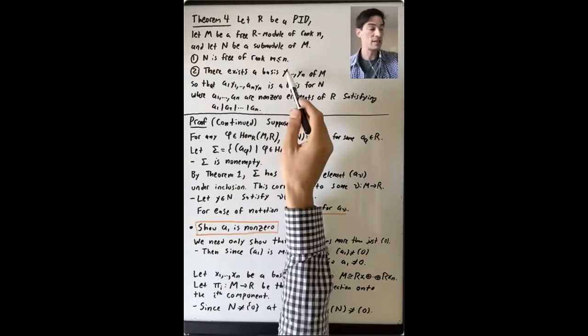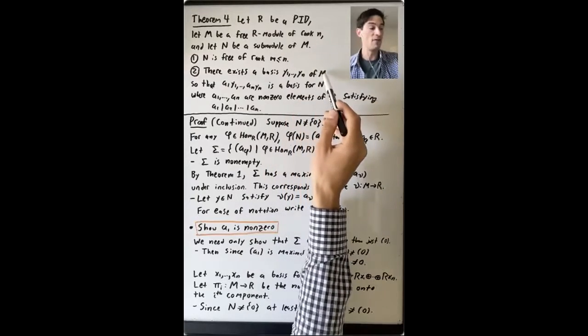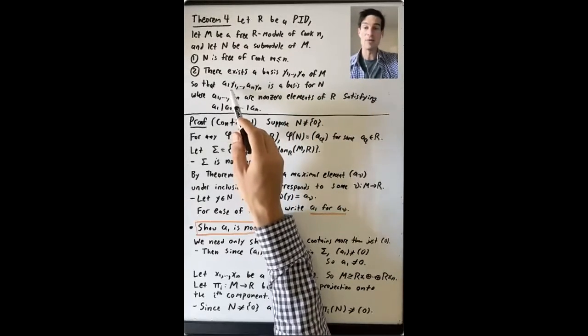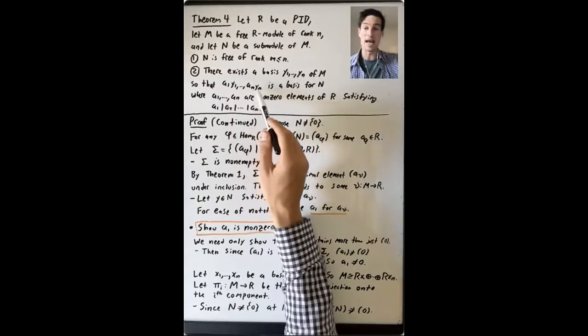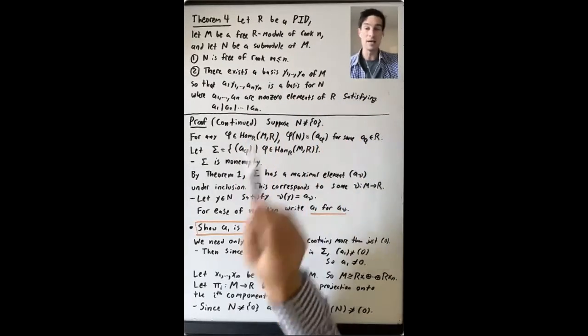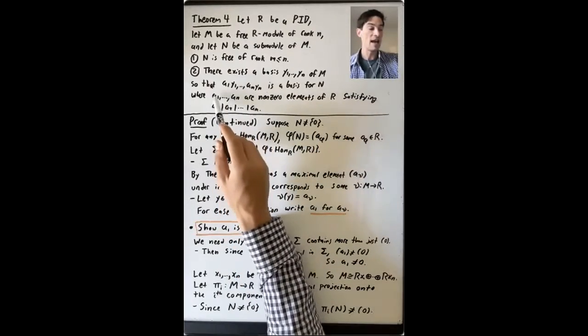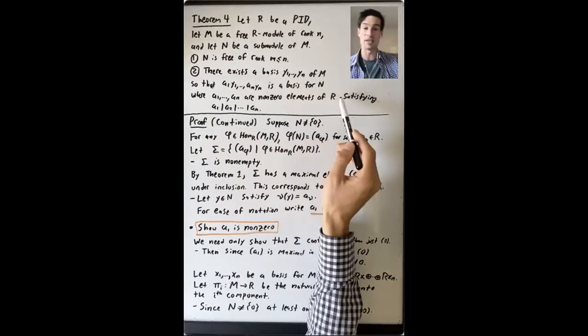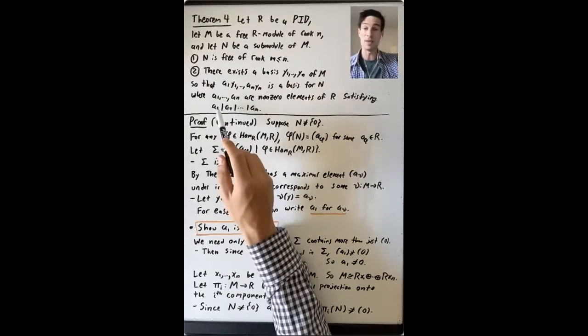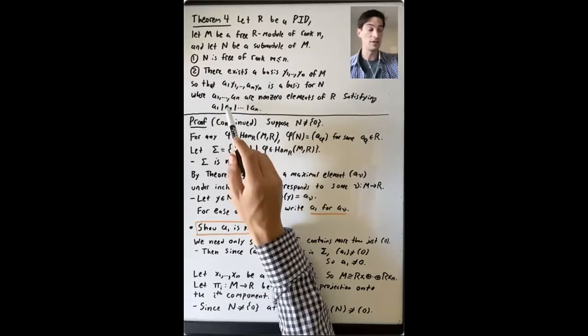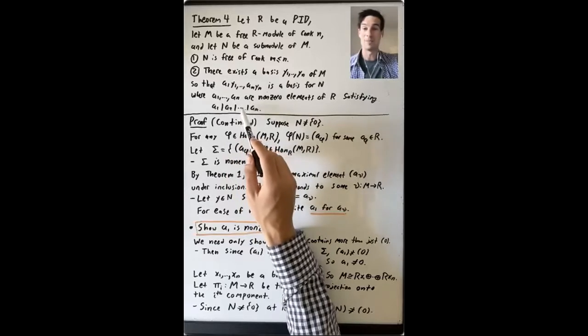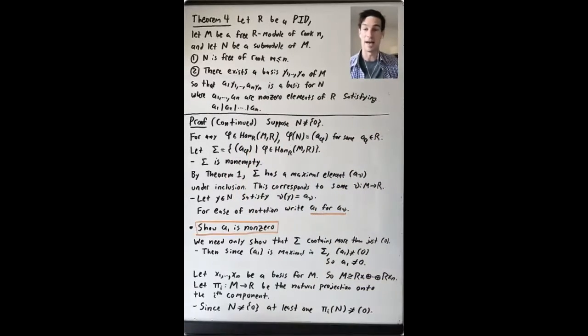And there exists a basis, y1 up through yn of M, so that a1 y1, a2 y2 up to am ym is a basis for N, where a1 up through am are non-zero elements of R, satisfying the divisibility conditions: a1 divides a2, a2 divides a3, up to a(m-1) divides am.